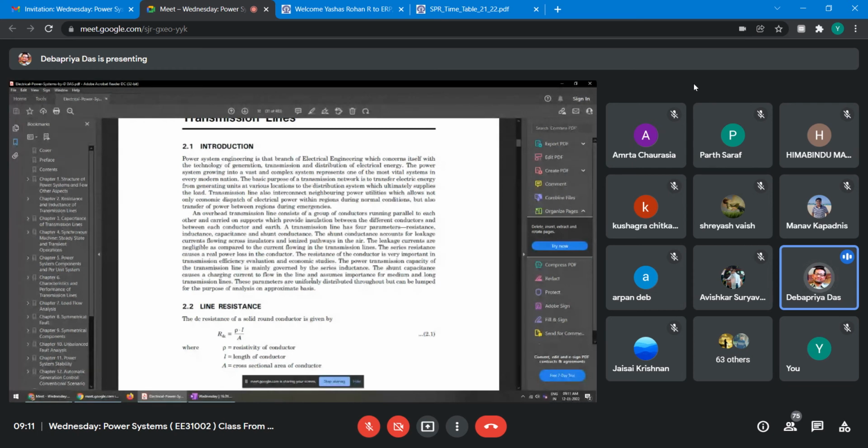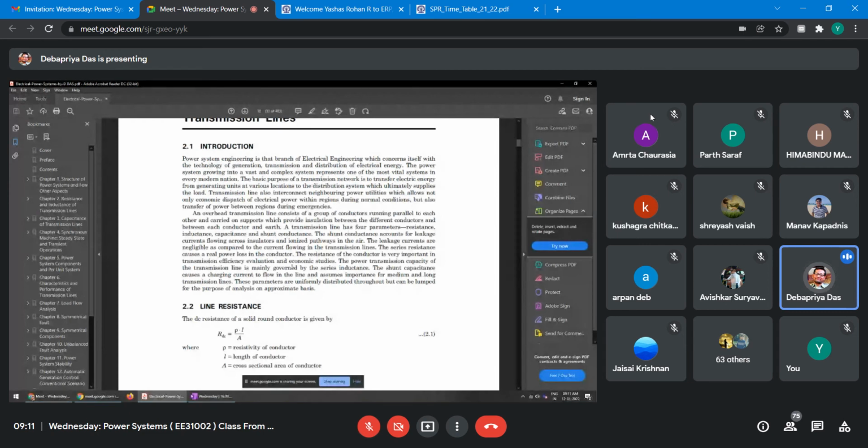I cannot recall, but 6 conductors are there in each phase and the transmission line is going, right? So that it can transmit bulk power. In each phase, it is not a single conductor. It may be 2 parallel conductors, maybe 3, 4, 5, 6, right? Like this, such that your power transmitting capability will increase, power loss will be less, and receiving end voltage will be better, right? So this is the group of conductors, right?